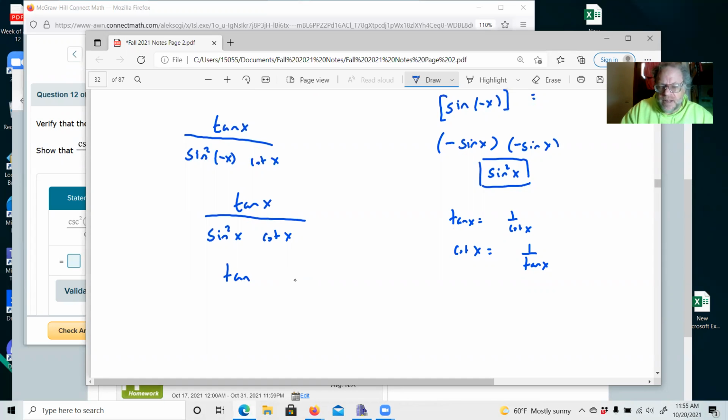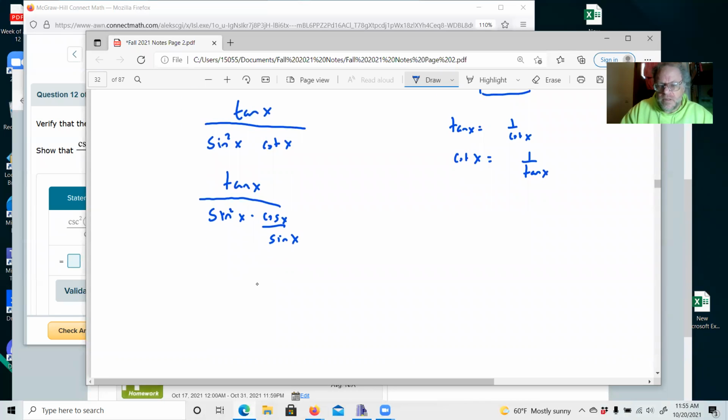So we've got tangent of x, we've got sine squared of x times, this is going to be cosine x over sine x. So sine x times cosine over sine, this can cancel. So we're going to have tangent of x times 1 over sine times cosine.